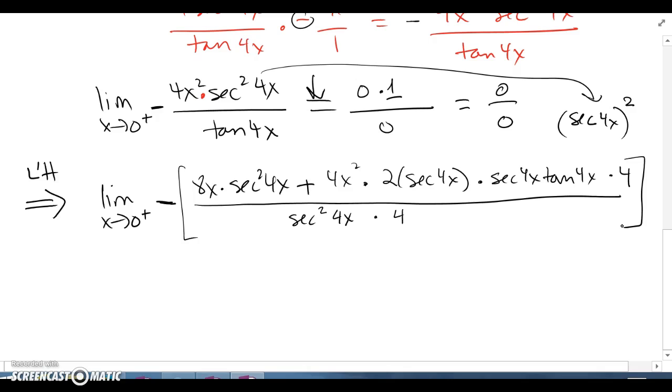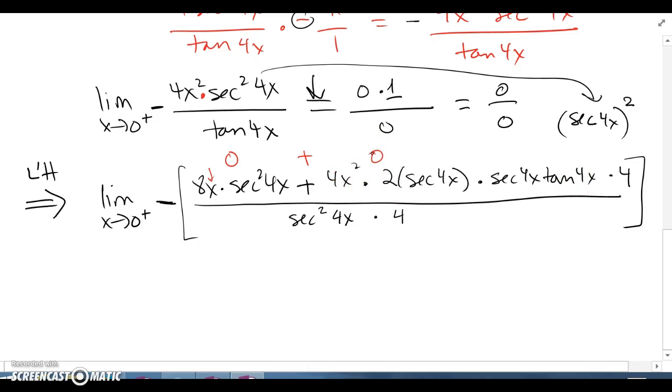Instead of simplifying it, I think I'm just going to go ahead and hope for the best and plug in 0 and see what I get. When I put 0 here, this becomes a 1 for secant squared, but the first piece completely becomes 0. Plus, if I put a 0 in this second term, this makes it a 1, here makes it a 1, that makes it a 0, and that product 4x squared makes it a 0.